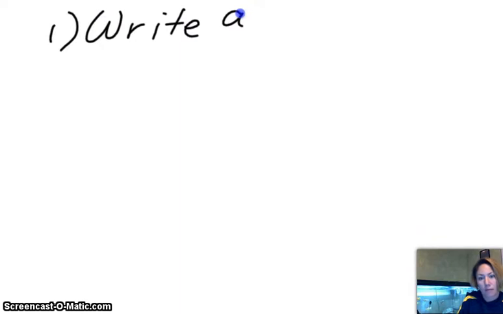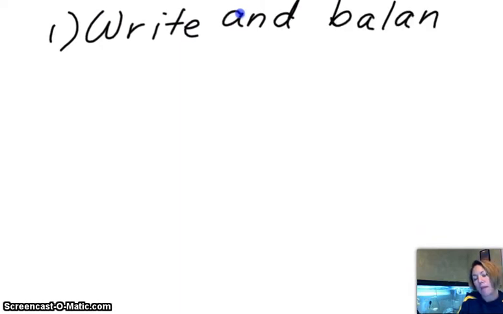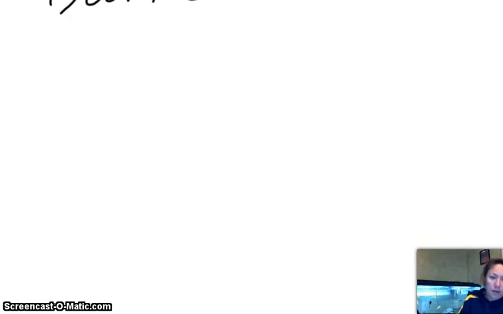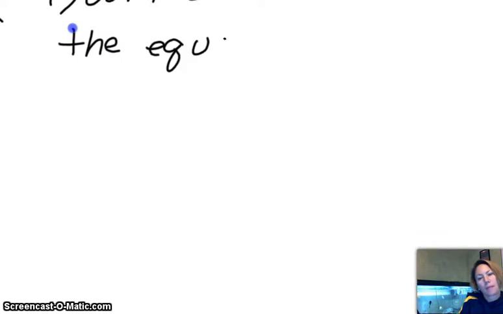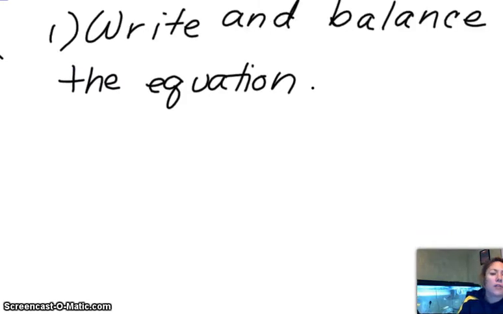So the first step in any problem like this is to write and balance the equation. Now, in your notes, I tell you that you should write and balance the net ionic equation.